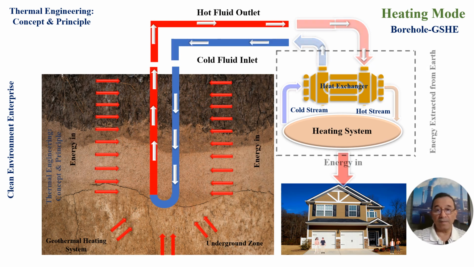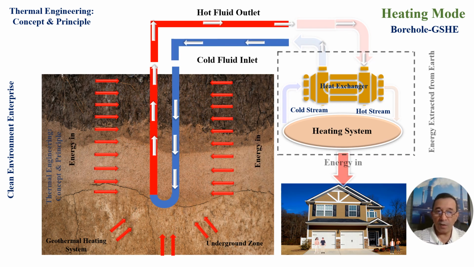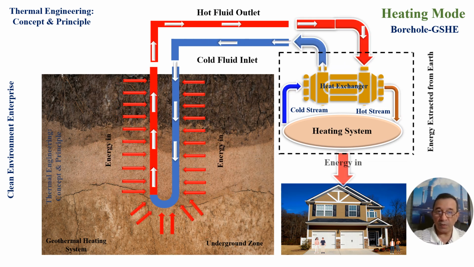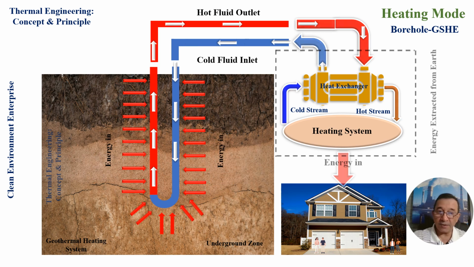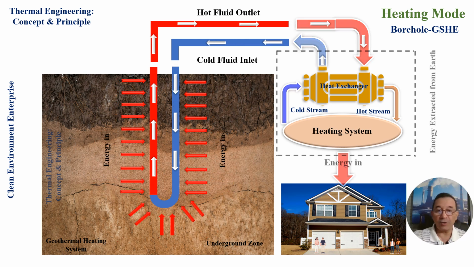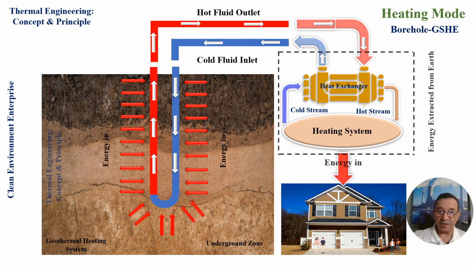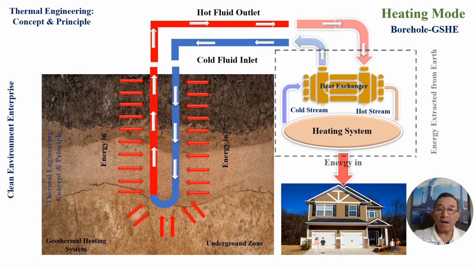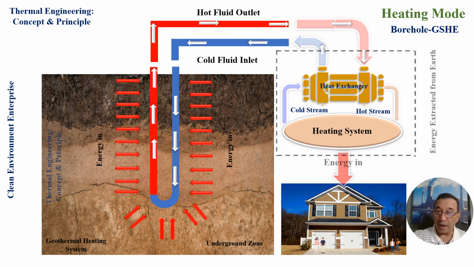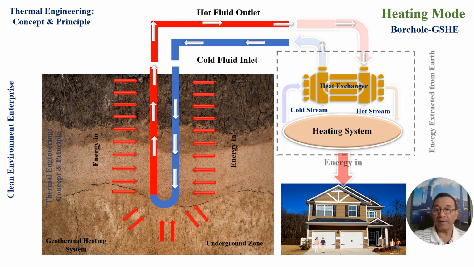In this system, we have the heating mode where Earth works as an energy source to the fluid which passes through the borehole in the blue direction, which extracts energy from the ground and then returns back to a heat exchanger, which is a part of the heat pump.